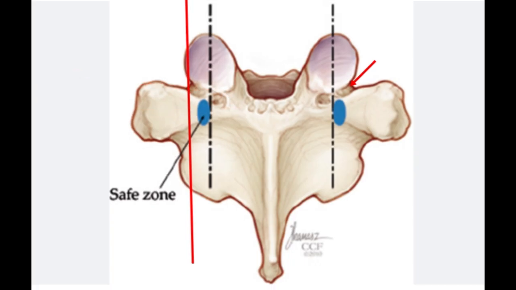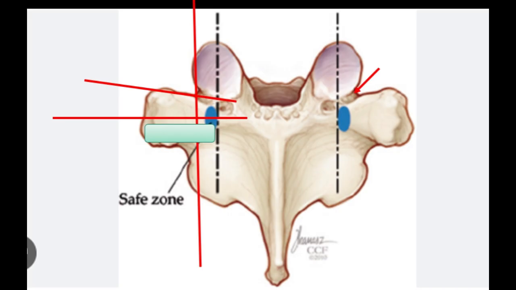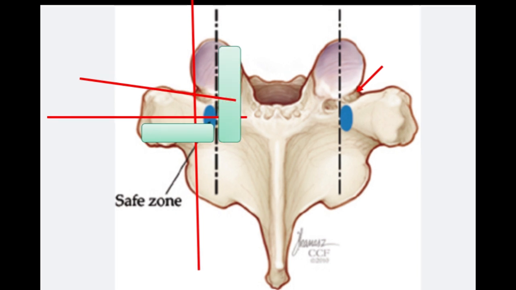So you can also see this particular junction, which is the junction of the transverse process and the lateral border of the superior articular process. So this is the no-go zone, that is the inferior part of the transverse process. The entry point can never lie below the line bisecting the transverse process.